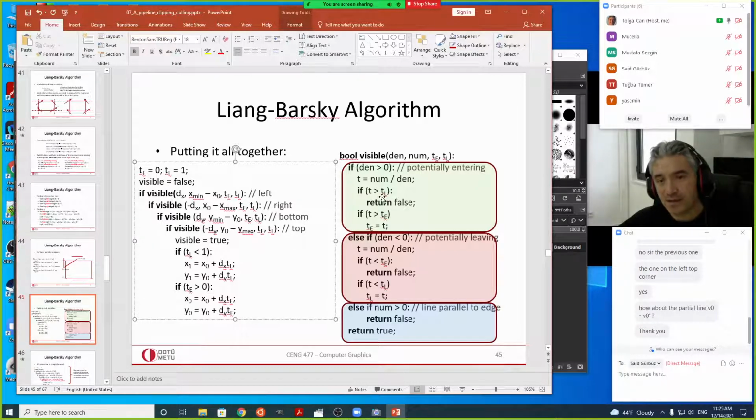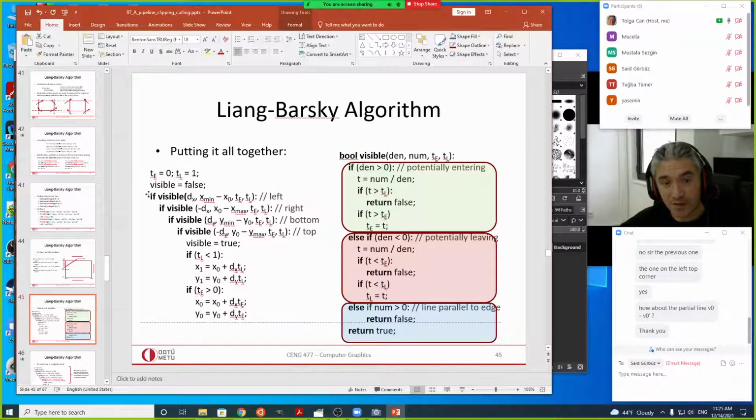If it's greater than the TE value, we update it, and TL is updated incrementally as we do the clipping. For example, if we find a t value which is greater than the current TE, so we find an intersection which is larger than TE, we set it to this value. In other words, we incrementally update the beginning and end of the line as we chop it with respect to the left, right, bottom, and top boundaries. So it also follows a fixed order, as you can see.